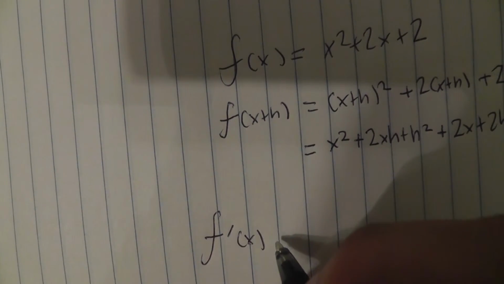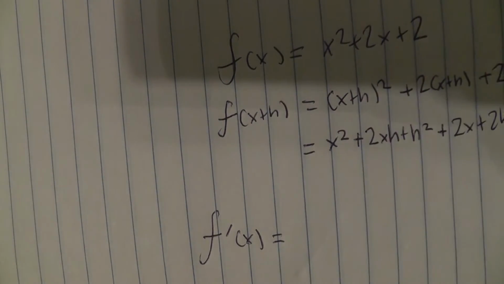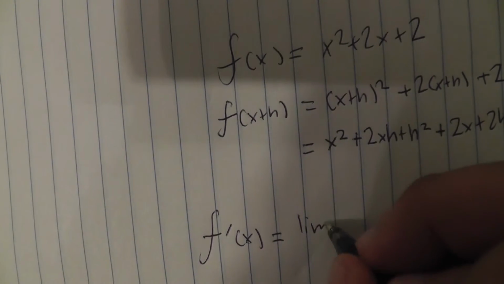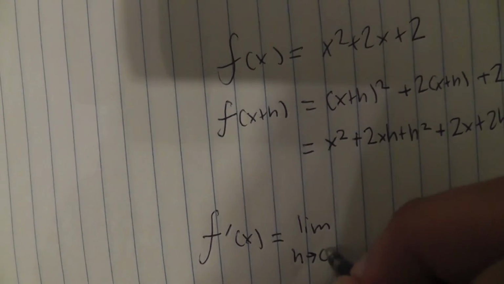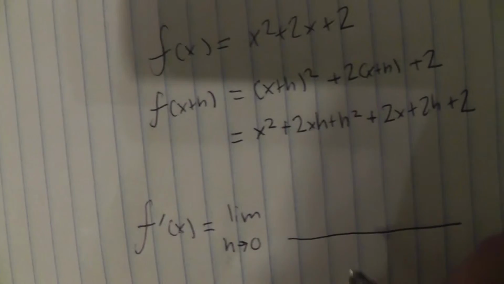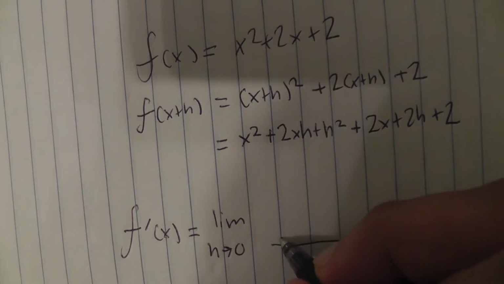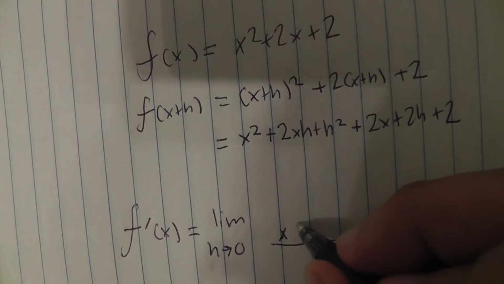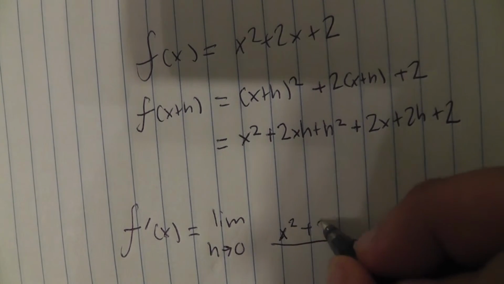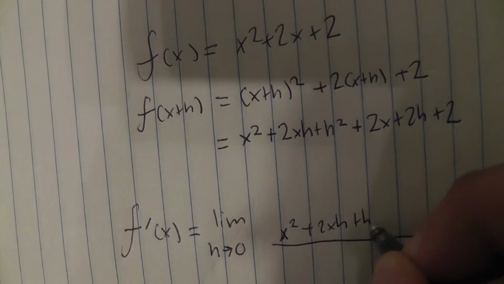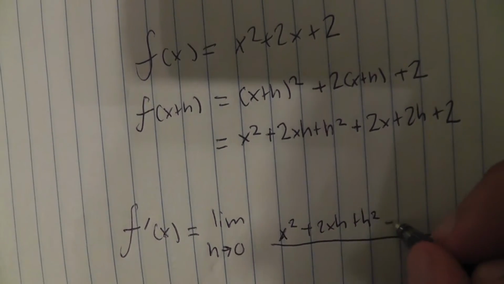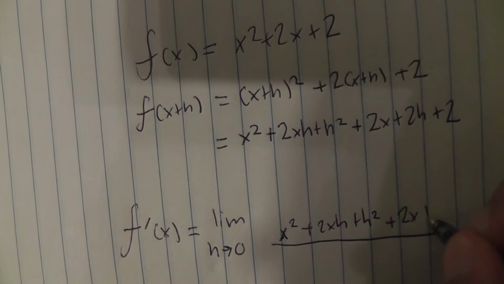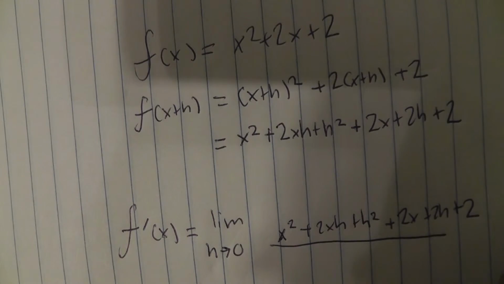The derivative of f of x is equal to, as the limit of h approaches 0, f of x plus h, x squared plus 2xh plus h squared. Ooh, I might need more paper for this actually. But don't worry, we've got plenty of paper. Gee, let's put it all to long form here.